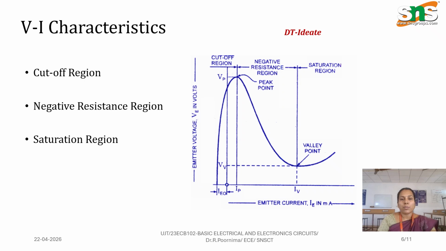After that, the voltage value decreases, which forms the negative resistance region. And after the valley point, it enters the saturation region. So it can be used as a controlled switch, and also it is used to generate the sawtooth waveform.